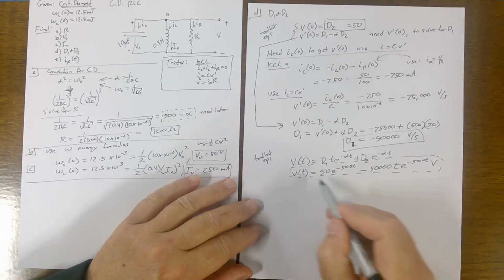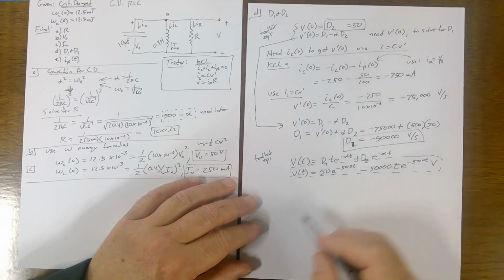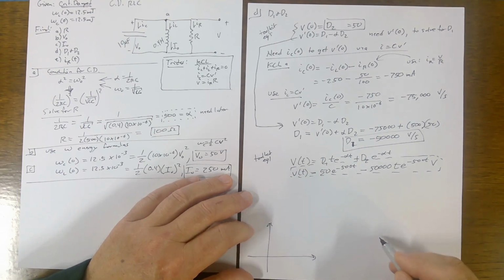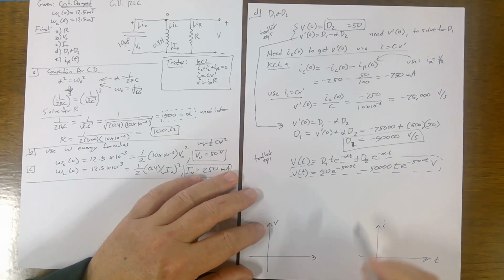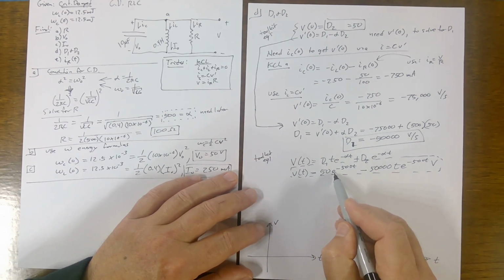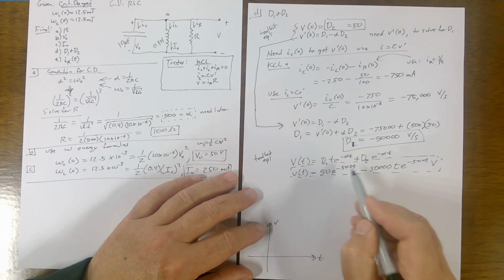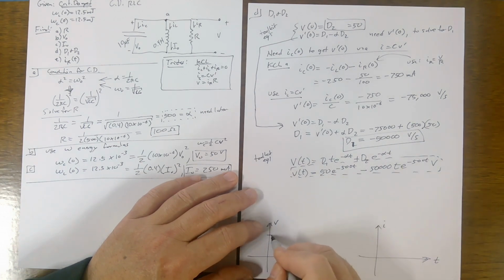So it's good to graph this stuff. I'm just going to graph V of t, and I of t is going to have the same format, which the next problem talks about in more detail. V of t at t equals 0 is just going to be 50.